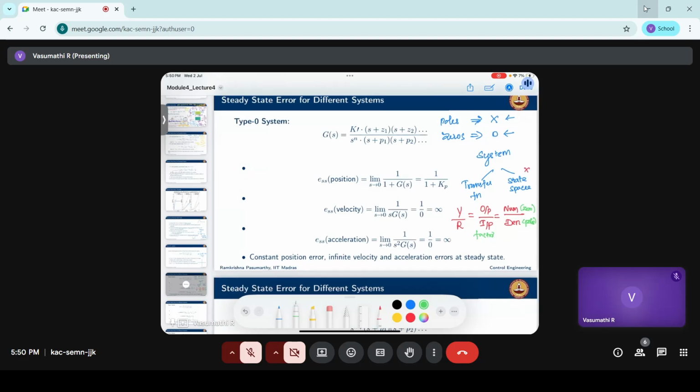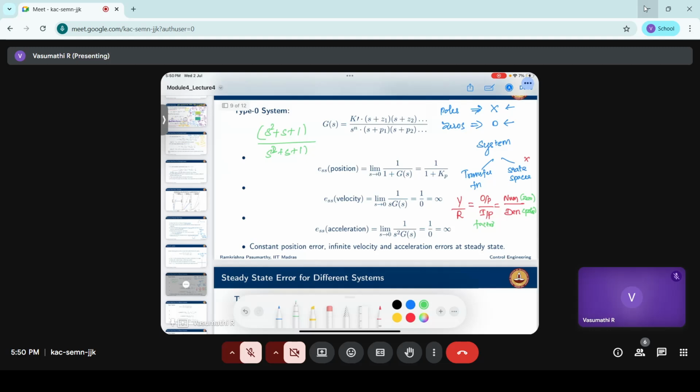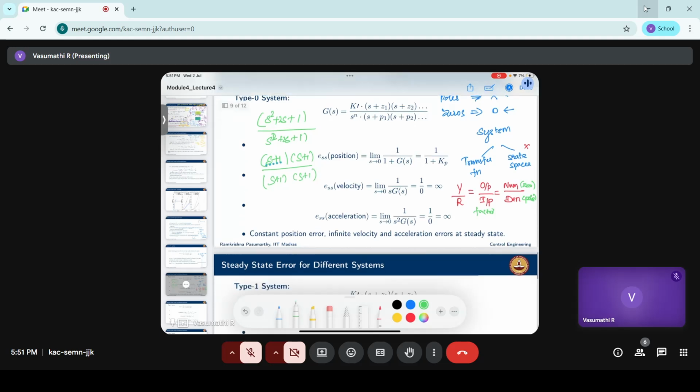For example, if you have a system like s square plus s plus 1 by again s square plus s plus 1, let's take 2s, it will be easy for me to split. So we will split this representation into factors. Then I will say these are all the zeros of my system, these are all the poles of my system.